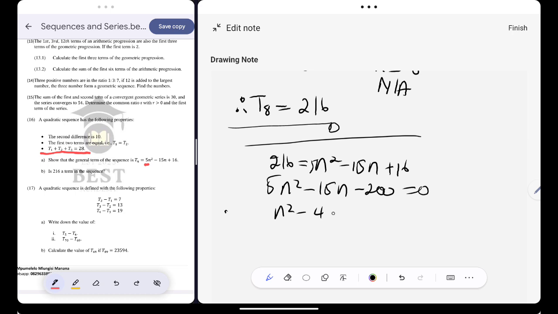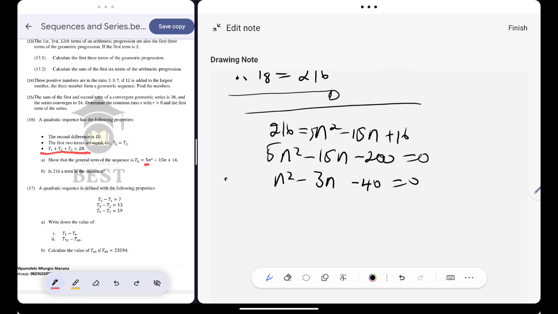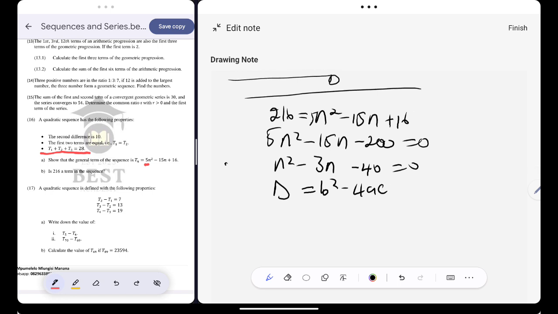Dividing by 5: n squared minus 3n minus 40 is equal to 0. Then if I can find delta, and I find that delta is greater than or equal to 0, I can conclude that this term is part of the sequence.